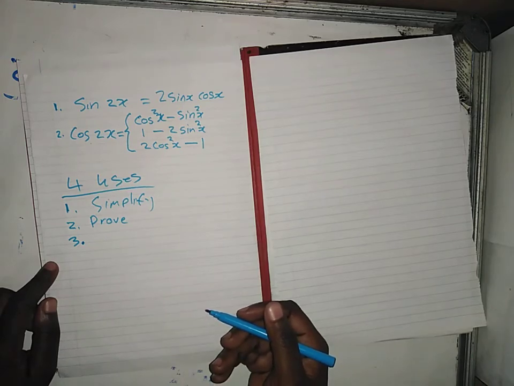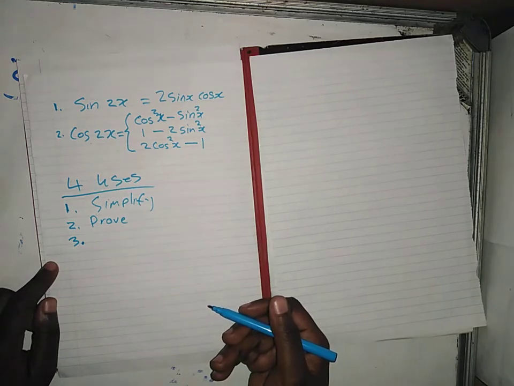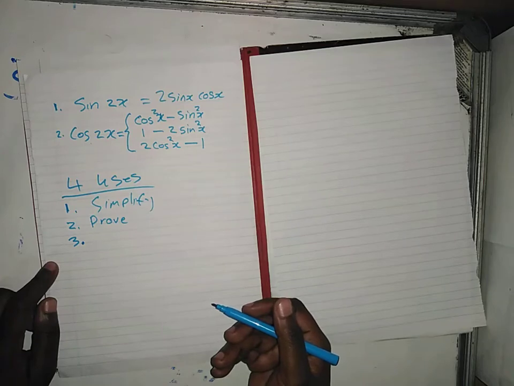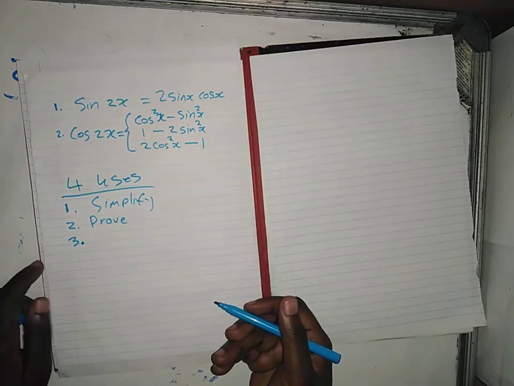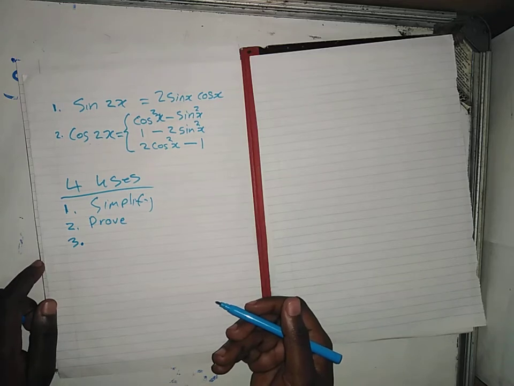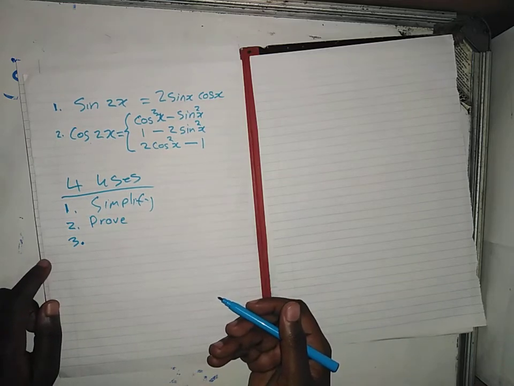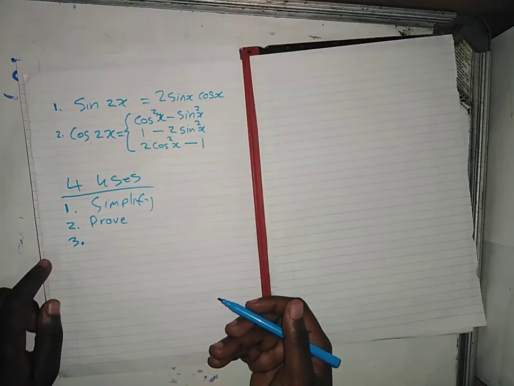For example, they can say express 16a in terms of 2a, or they can say express 16a in terms of 8a. Now, when they say so, you've got angles that have the potential of being made a certain kind of double angle, and then you will use double angle formulas to solve those kinds of things.